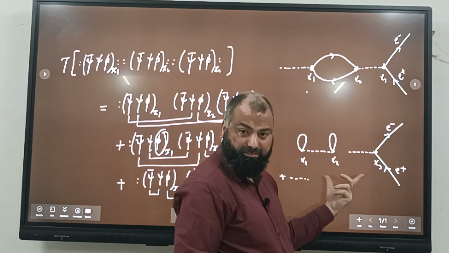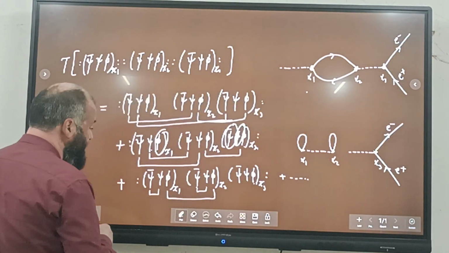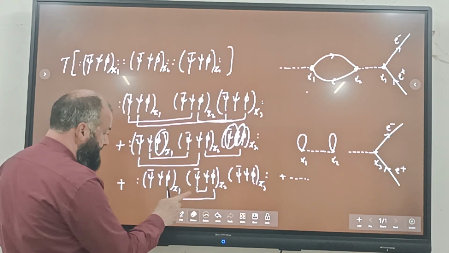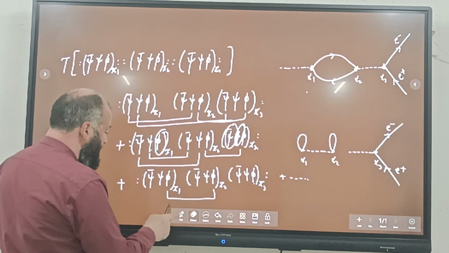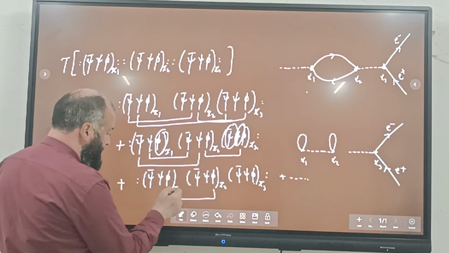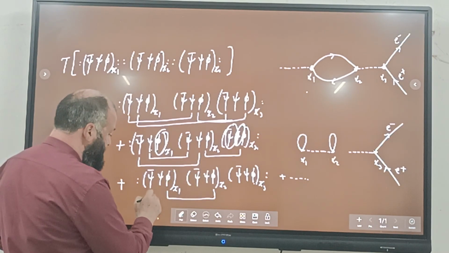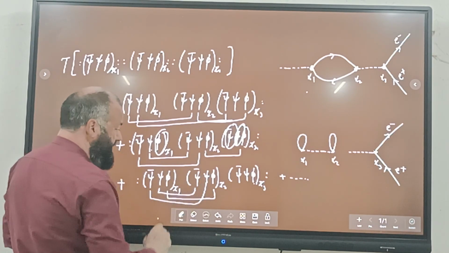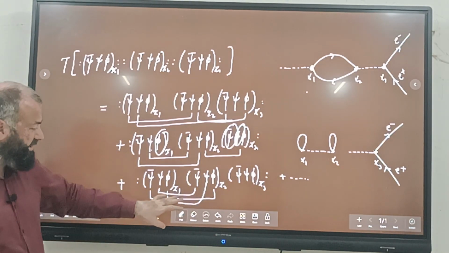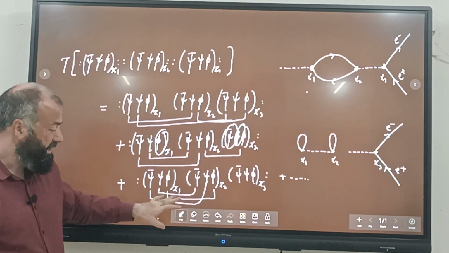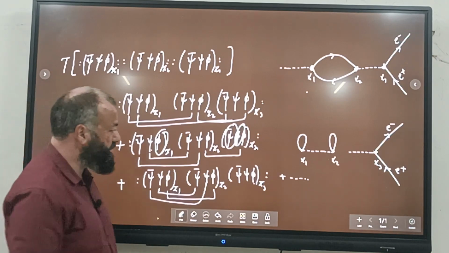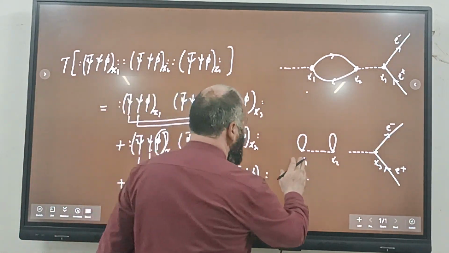Or you can equally think, instead of this contraction, this way: this psi bar is contracted with this psi, and this psi is contracted with psi bar. Take the contraction between two fields at x1 and x2, forgetting about x3. So this will yield this kind of diagram.